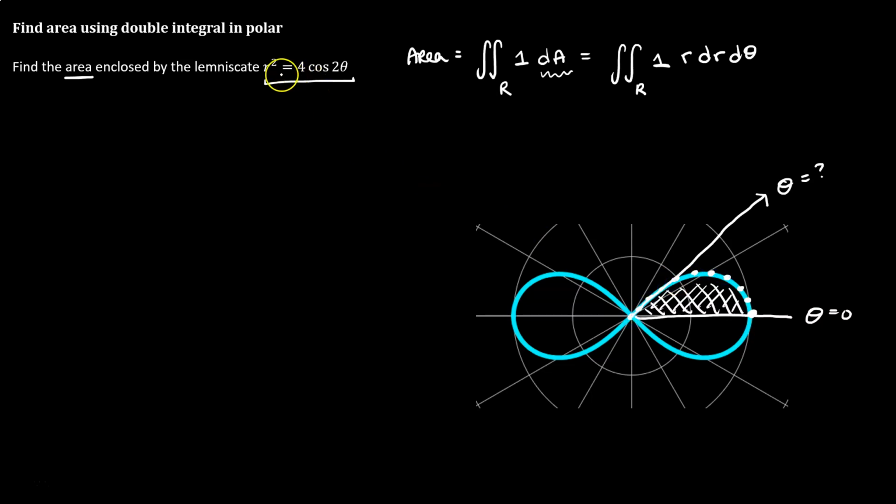So we would like to know what would have to happen to this equation to make r equal to 0. Well, the 4 is not the thing that's going to cause r to go to 0. It's going to be the theta, in cosine of 2 theta. So we would need to think of what angle we should plug in to cosine 2 theta to make r equal to 0.